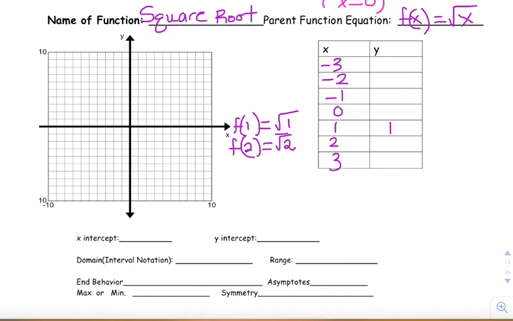So for a parent function, we want to use as pretty answers as we can, and we want to keep our values nice. So for that reason, when it comes to the square root, this table doesn't work for us. We use something different. So 2 doesn't quite work for us. Let's think about the next thing up that we can take the square root of.